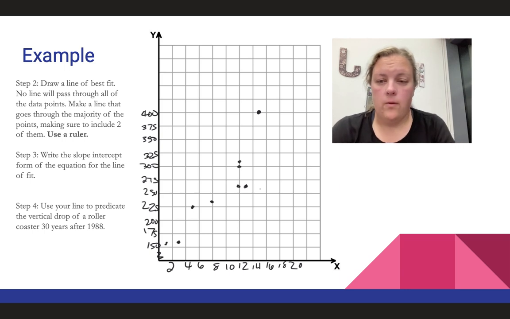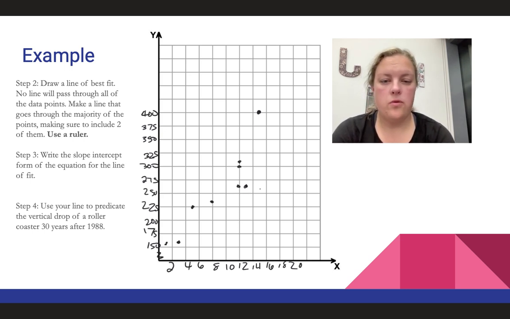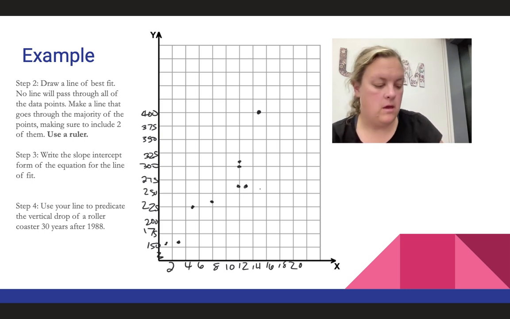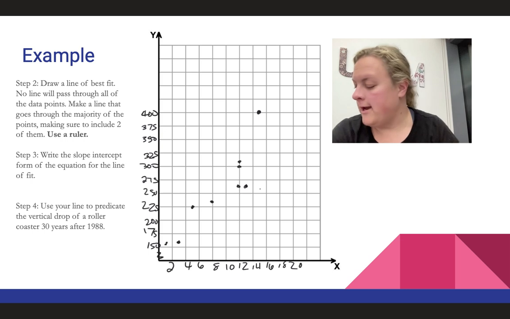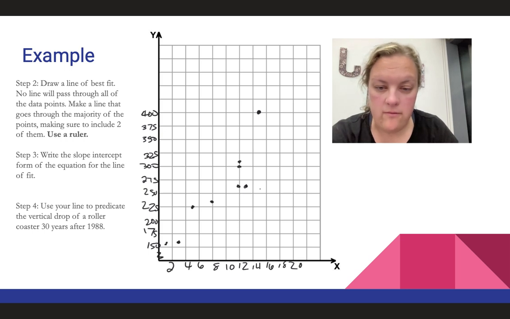All right, so you should have your ruler, and we are going to draw a line of best fit. We have to know that no line will pass through all of the data points, so we want to make sure that they go through as many points as possible, but they need to include 2 of them. So here is an example of what I did. I used the point, the x value with 3 and the middle 12 value.